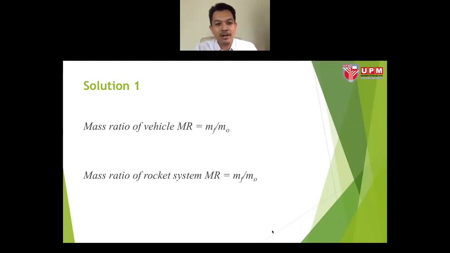So can we calculate it? What is the value? 0.65. We have 130 for the mass after rocket operation and 200 for the initial mass, and we have the answer 0.65. I hope everybody can get the same answer.